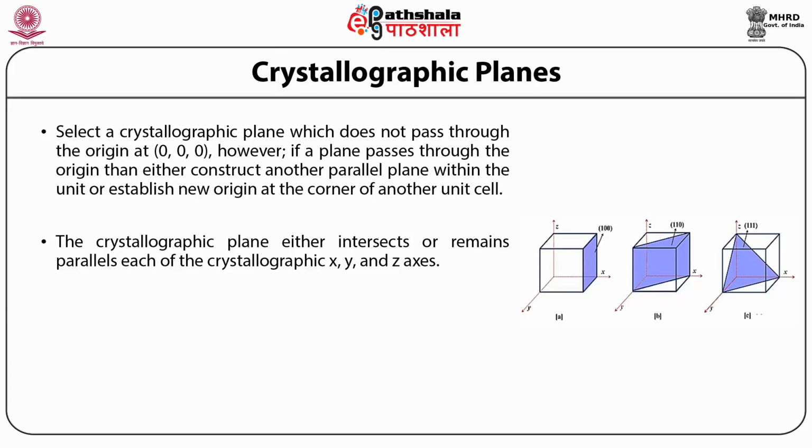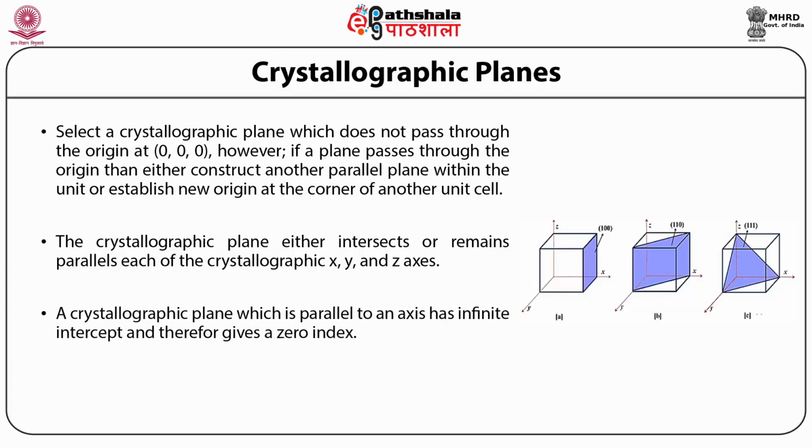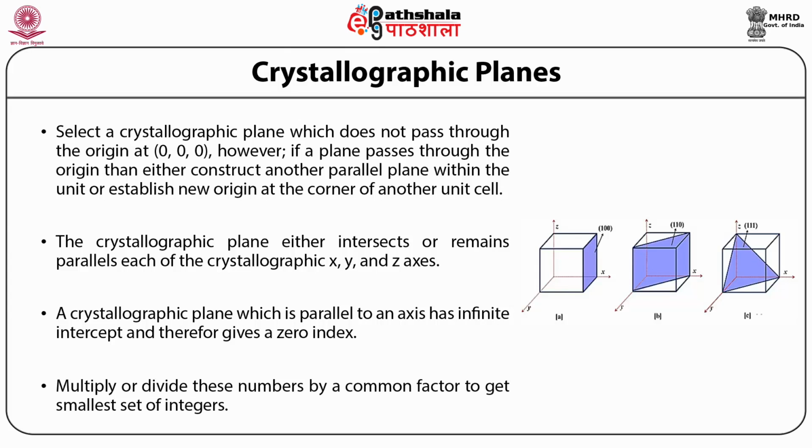Next, take the reciprocal of these intercepts. A crystallographic plane which is parallel to an axis has an infinite intercept and therefore gives a zero index. Lastly, multiply or divide these numbers by a common factor to get the smallest set of integers.